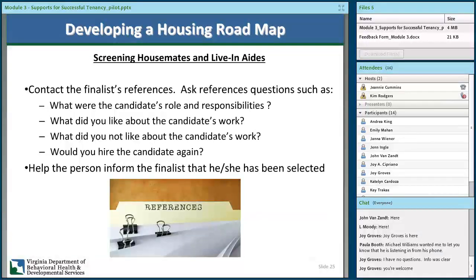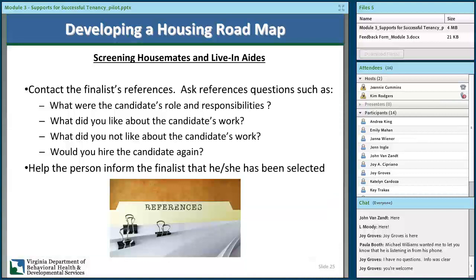Next, assist the individual with contacting the finalist's references. Consider asking the reference questions, such as, what were the candidate's role and responsibilities as a housemate or a live-in aide? What did you like about the candidate's work?